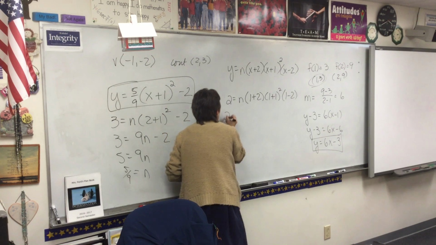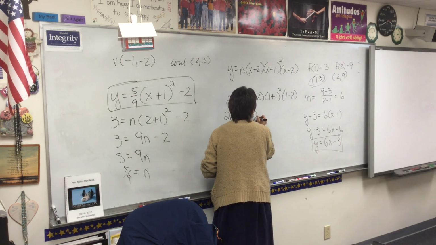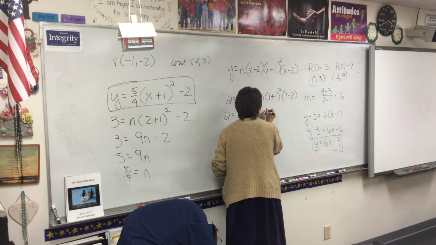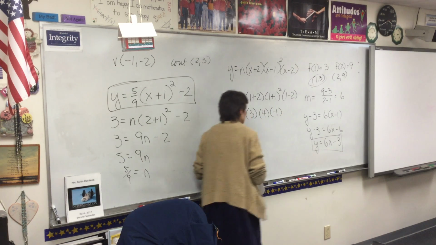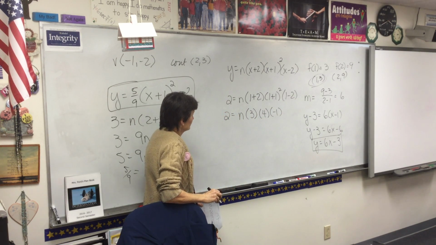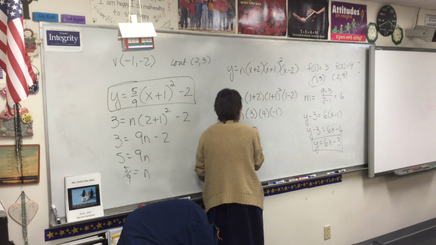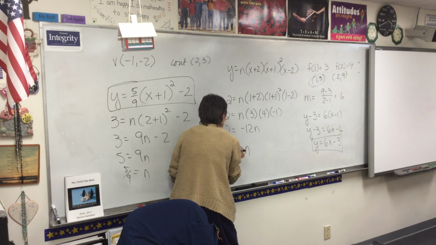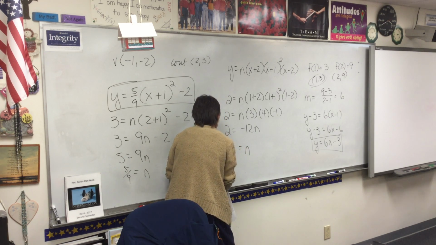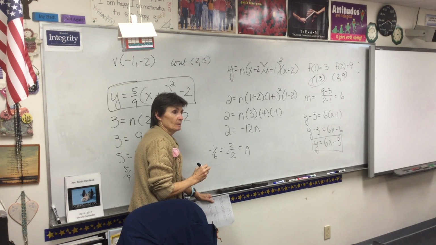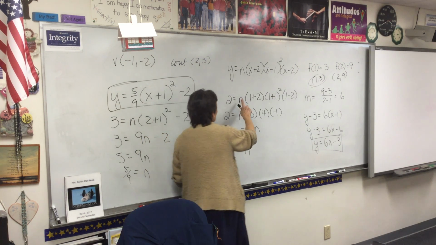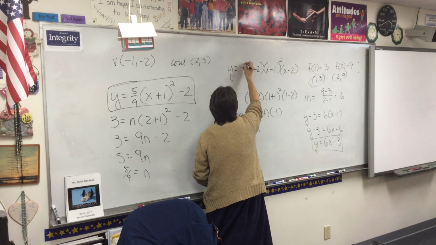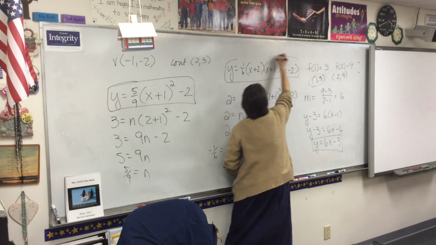Okay, so here we go. 1 plus 2, that would be 3. 1 plus 1 squared, that would be 4. And negative 1? So I got negative 12n. So n equals negative 1/6. Which I will then put in front here. Not here. Put it here. And that will be my equation.